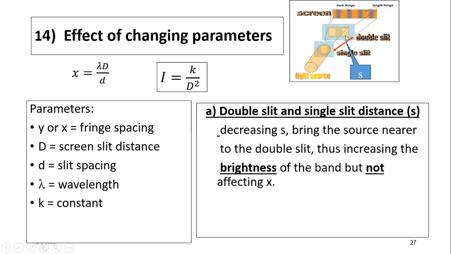So the brightness falling on the double slit is now larger, but it doesn't affect X, because the distance S is not in the formula. It affects the intensity. That's all.